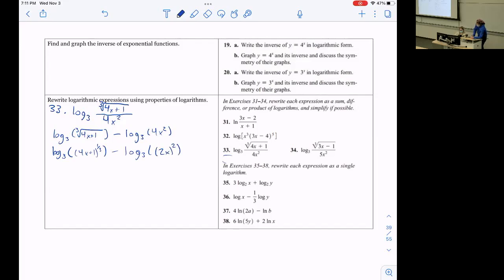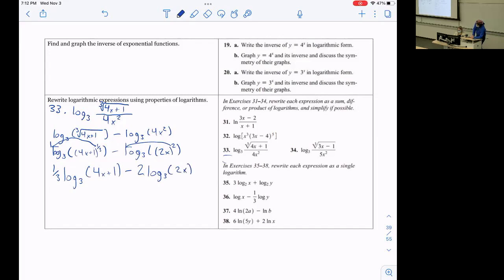And using our rules of exponents within logarithms, we can bring those exponents out to the front and multiply. So we'd have 1/3 log base 3 of 4x plus 1, minus, we bring that 2 out front, 2 log base 3 of 2x.